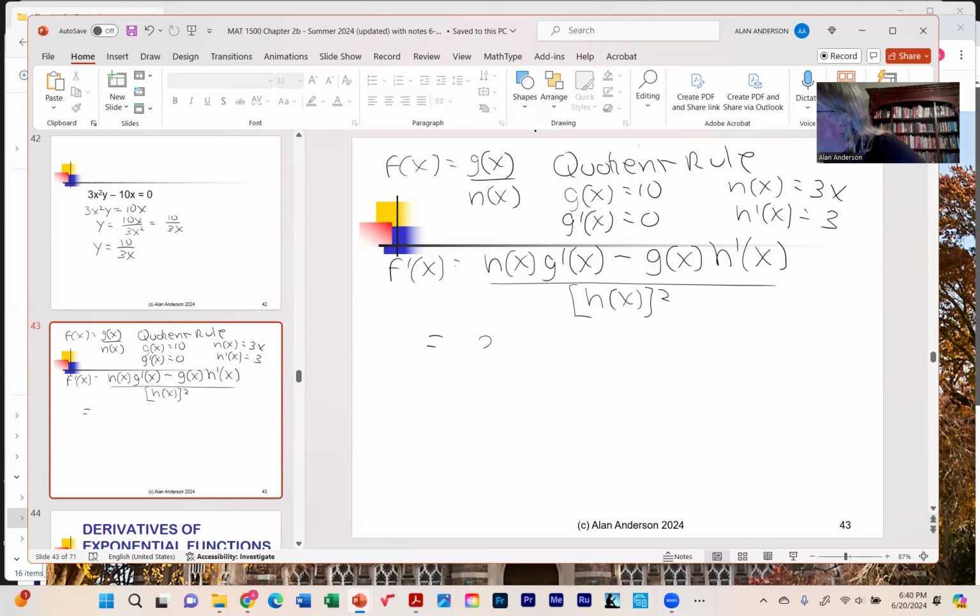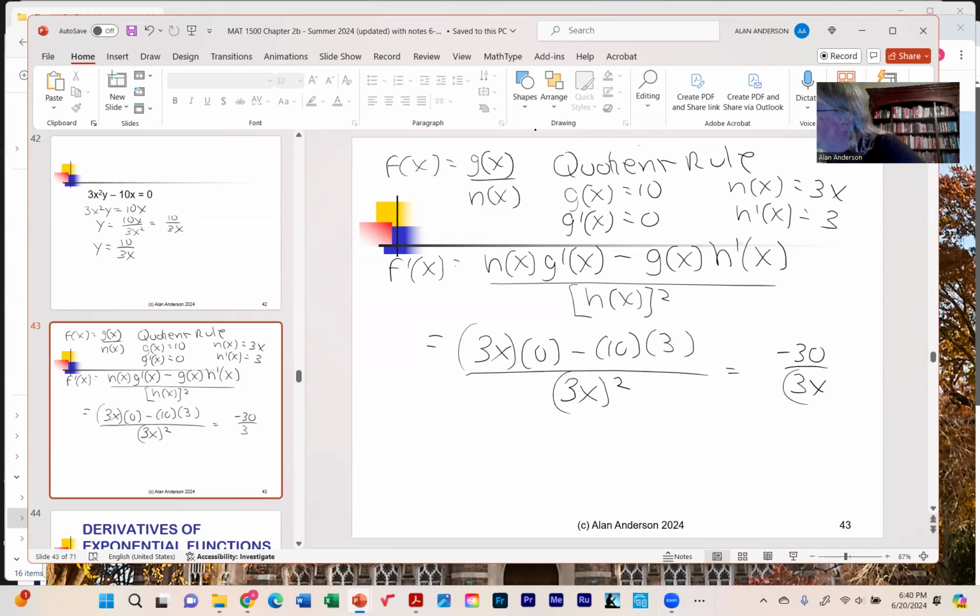We'll have 3x times 0 minus 10 times 3. Okay, so that leaves us with negative 30 over 3x, where the entire expression is squared. So that's that.